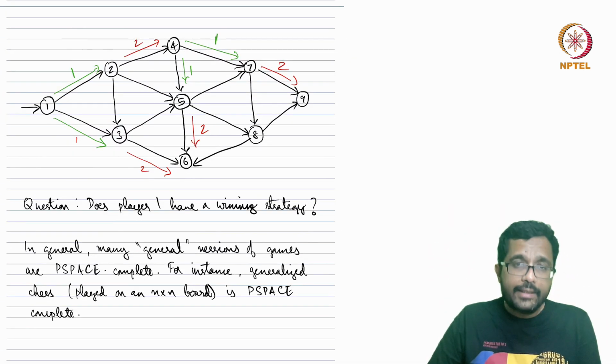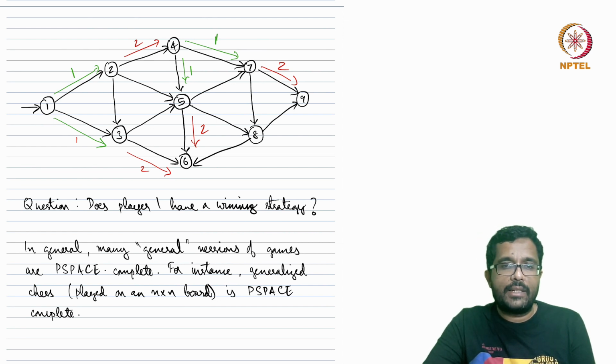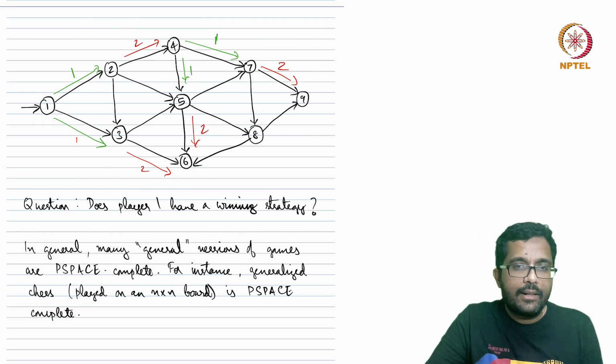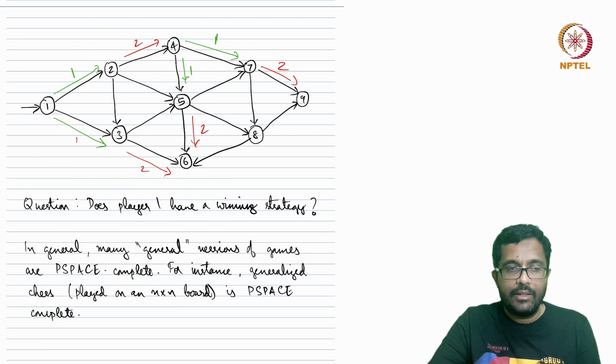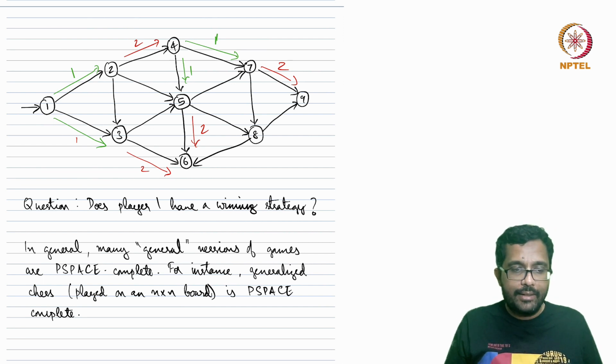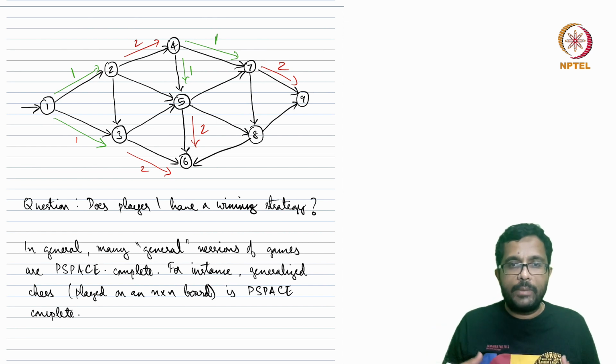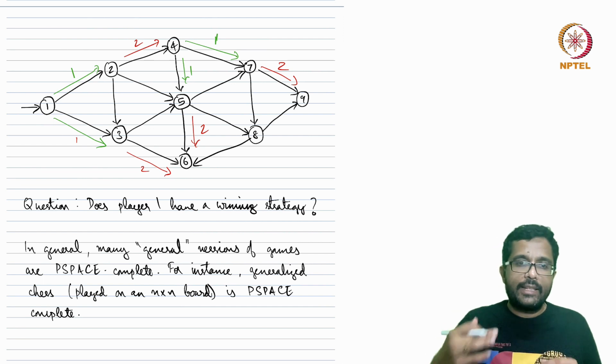In fact, there are many general versions of games that are PSPACE complete. For example, you can define a generalization of the game chess, right? Chess is played on an 8x8 board, 64 squares, with 16 pieces each side to begin with, so 32 pieces overall. It's a finite game, because there are rules of the game.